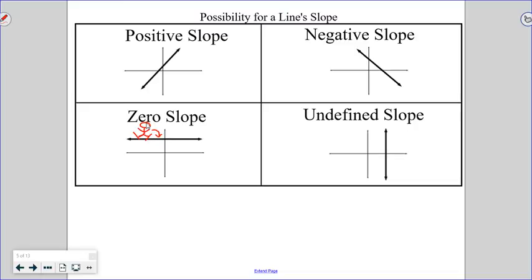Now, if that same little skier guy was standing here at the top of a cliff and he fell over, he's in undefined amounts of pain, right? Because he just fell off a cliff. Okay, so maybe that'll help you remember the difference between undefined, if you fall off a vertical line, undefined pain, versus if you fall over on a horizontal line, no pain, 0 pain, right? So the difference between those two. This would look like m equals 0. This would look like m equals undefined. We will revisit those two types of lines here in a few minutes.